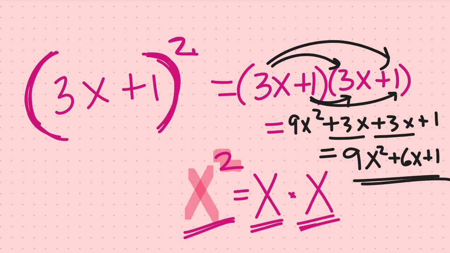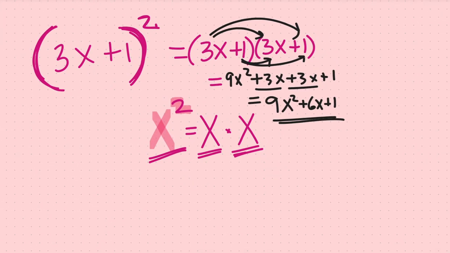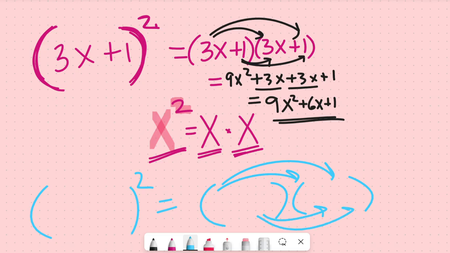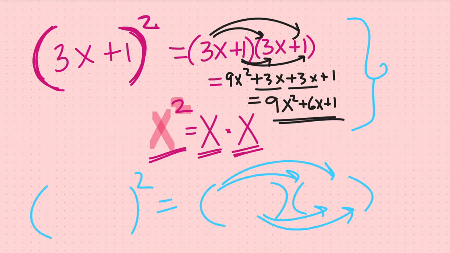So the idea here is you learn that something to the power of 2 basically means we write it twice, and then we know how to expand the brackets and how to multiply everything by everything. I will teach you in the next lesson how to do this in a different way.